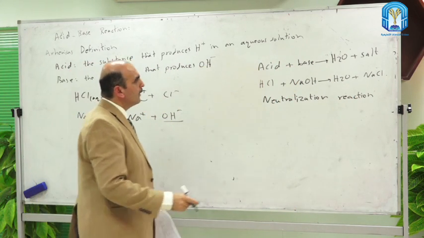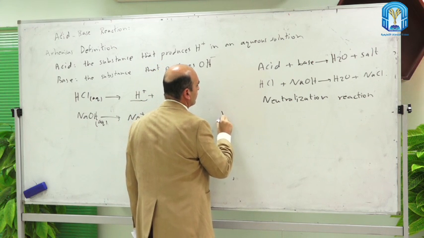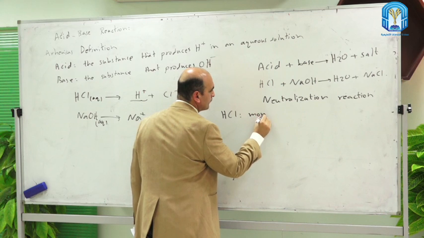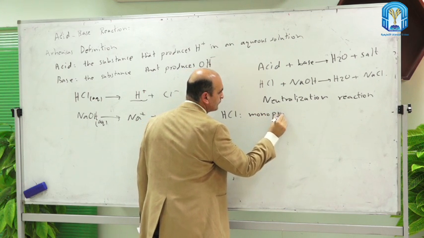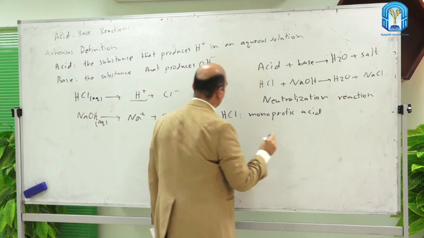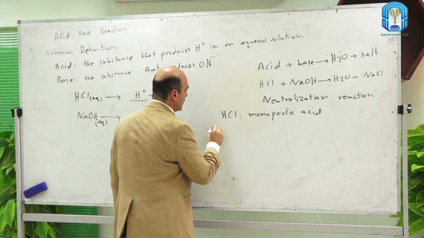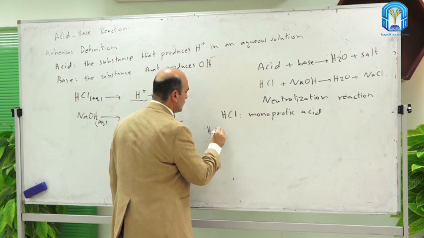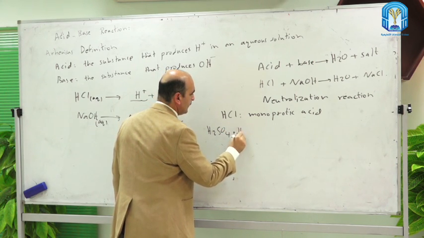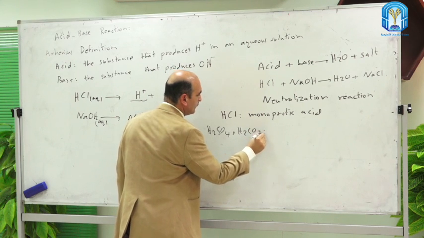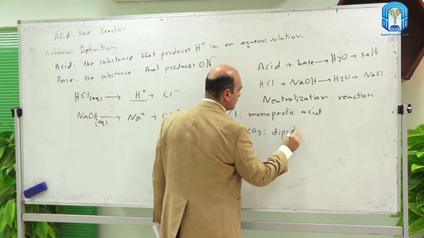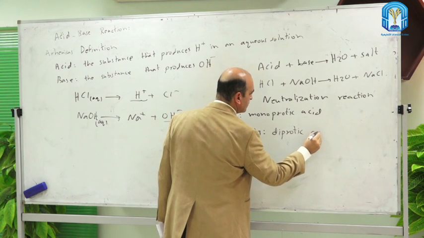For acids like HCl, we call it a monoprotic acid. And for acids like sulfuric acid, H2SO4, and H2CO3, we call them diprotic acids.